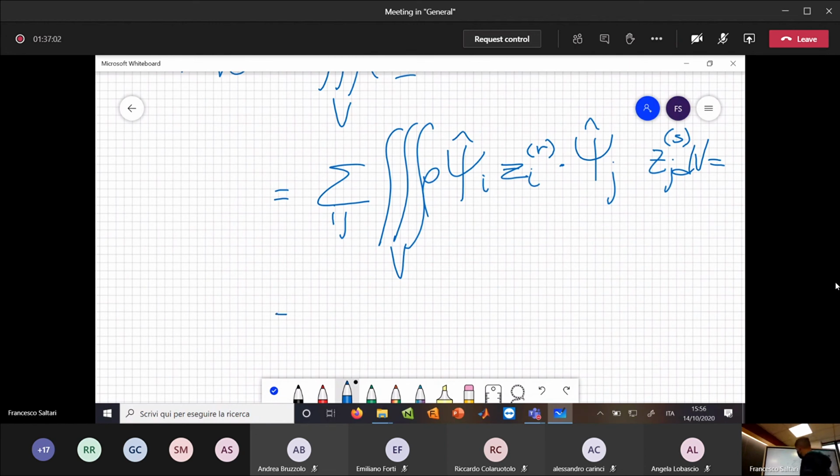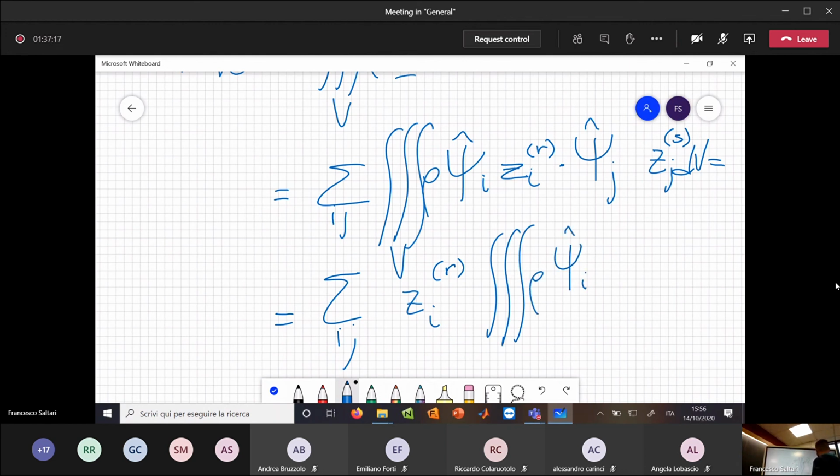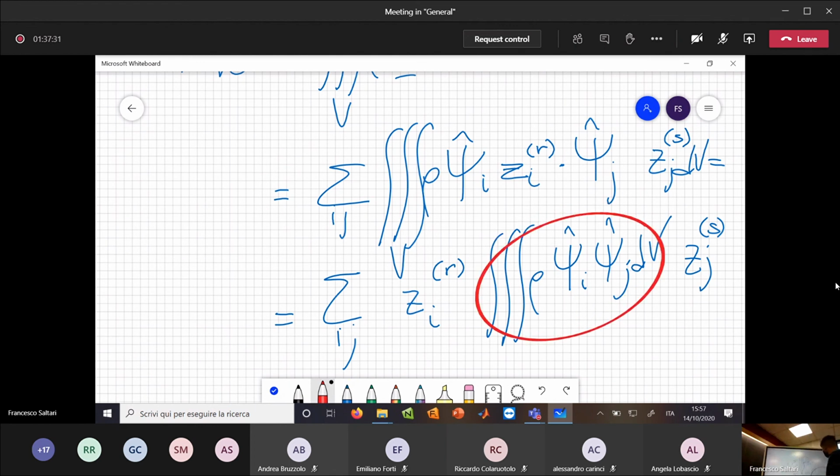So basically, this can be expressed just in this way: sum on E J of Z E R by the integral of rho C E C J in the V, multiplied by the Z J S. Of course, we can recognize in this the nodal mass matrix E J.